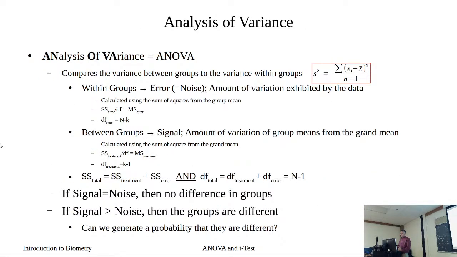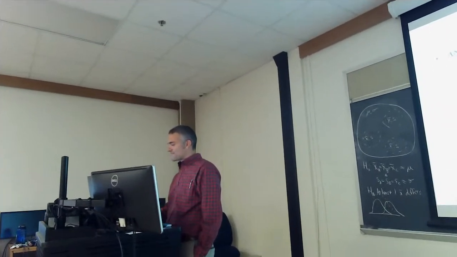I don't think I have an image in here, so let's go to the board and we'll explain what's going on. If it's not analysis of variance, why do you think that? Because you're going to see how we can utilize the variances to determine if means are different.